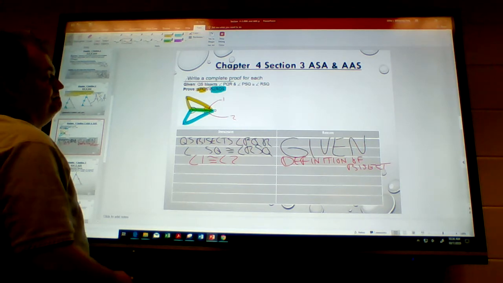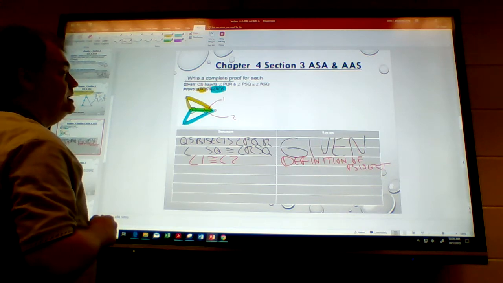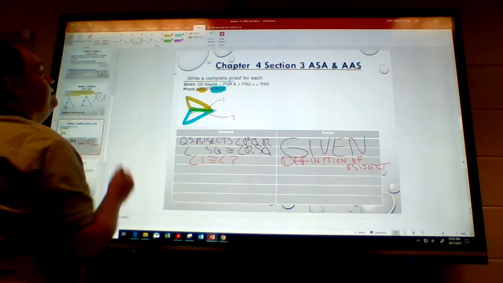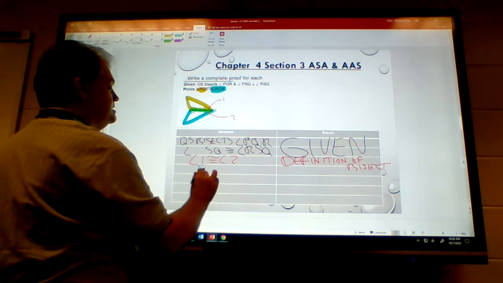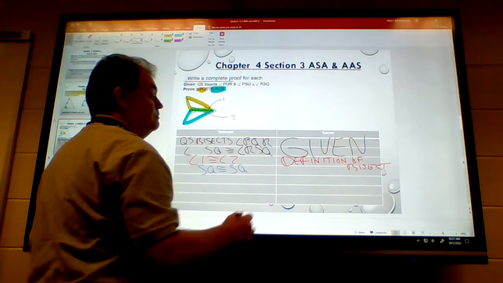All right, now, if you look, the yellow triangle and the blue triangle share something in common. They share SQ. So SQ is congruent to SQ, and that is by reflexive.